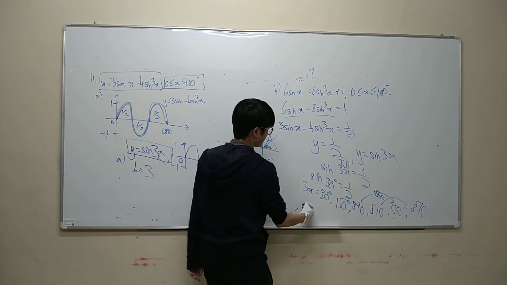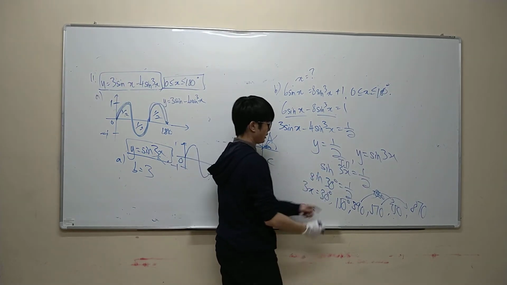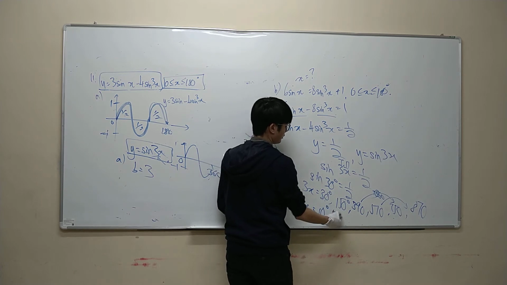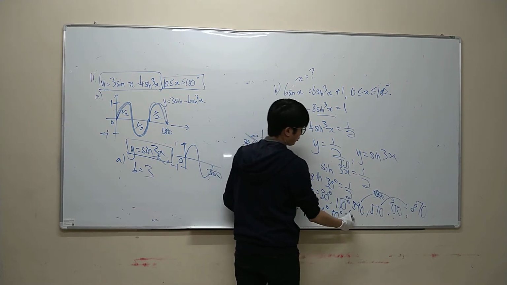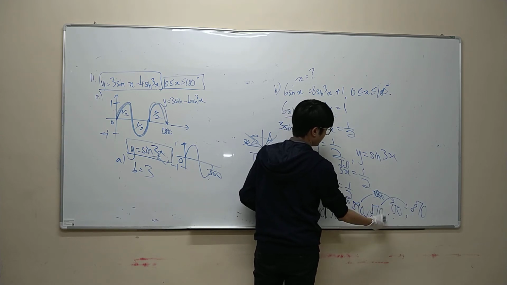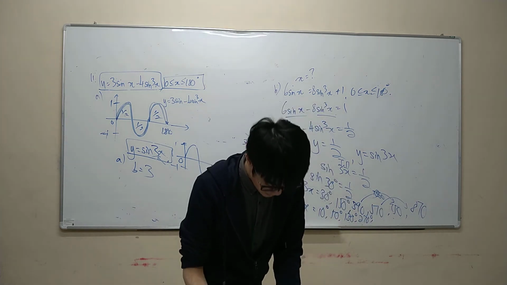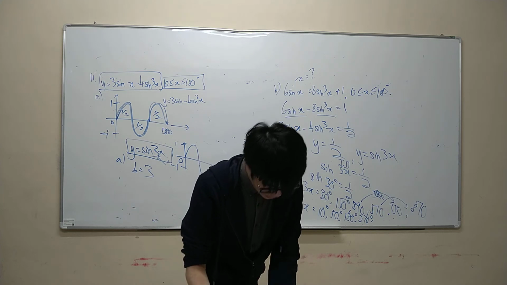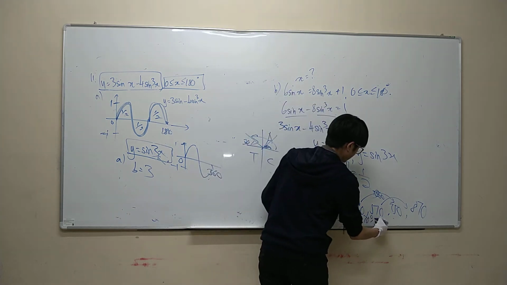And now what you do? Take everything, divide 3. 30 divide 3 is 10, 150 divide 3 is 50, 390 divide 3 is 130, 510 divide 3 is 170. Okay, what's 750 divide 3? 250.